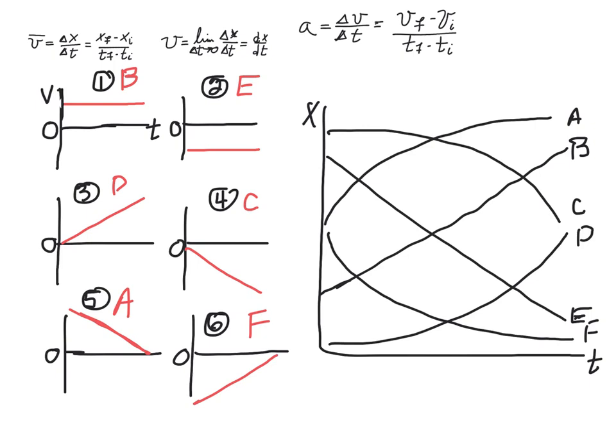So this would be A, and this starts with a big negative slope, and as you go down, the slope goes more and more towards the slope of 0. So here the velocity starts with a big negative number and goes to 0, and that's what F does. Okay, I think we're done.